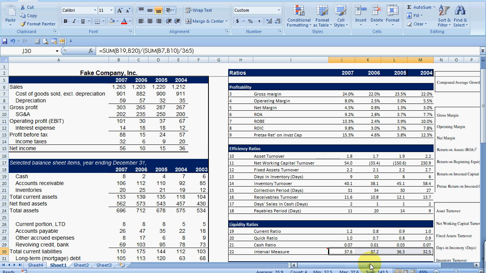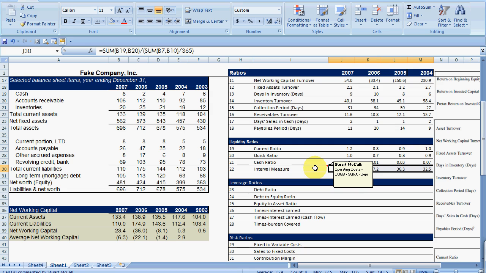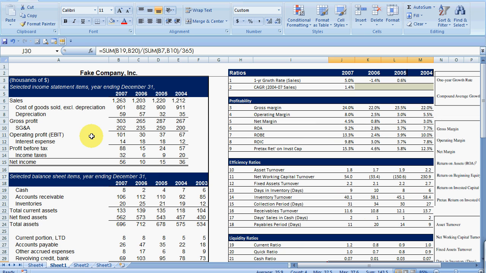Now one thing you will notice is that in the formulas, sometimes they will add back or remove depreciation, and we'll see that in some of the coming measures. That's because there are different ways of itemizing depreciation. We have it here listed out on its own line, but oftentimes you see we explicitly state excluding depreciation.